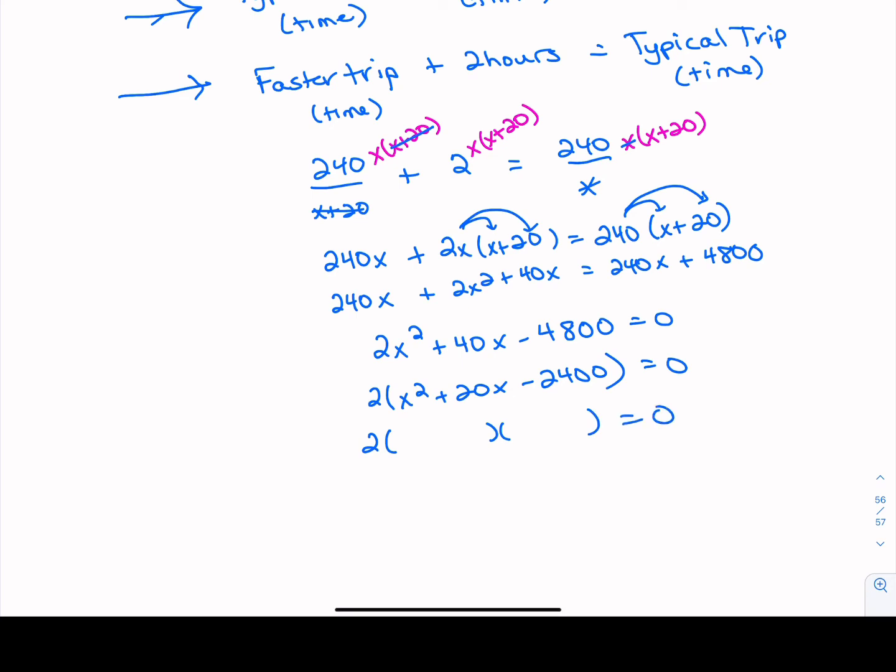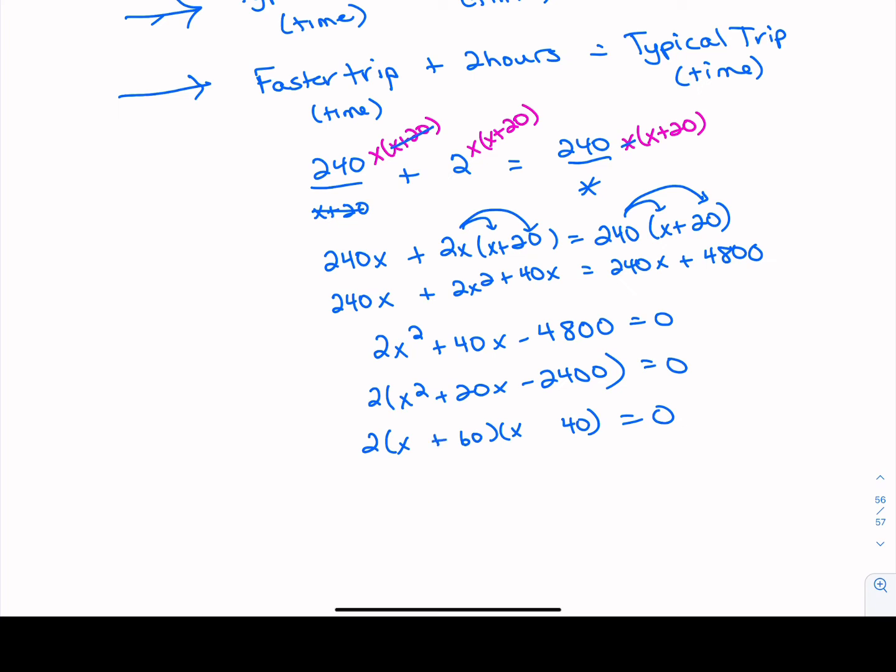Instead of looking at the numbers 2 and 4,800, I'm kind of thinking in my mind about numbers like 24 and 2 in that middle term. So x times x is x squared. Factors of 2,400 could be 60 and 40. And the difference between 60 and 40 is 20, which is what we want in that middle term.